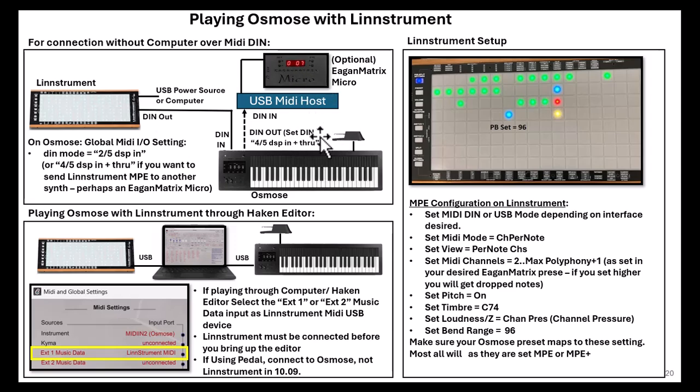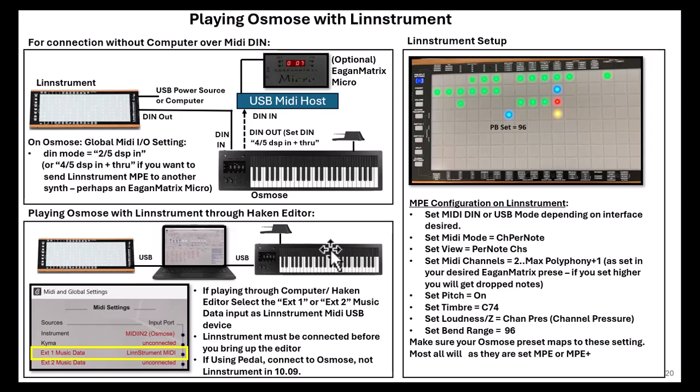So you can set up some combination splits in this way. You set the instrument up as per these settings. All this stuff is available in the Osmose cookbook, so you can bring that up and get your instrument settings. If you want, you can set the instrument as an external MIDI data instrument in the editor and play it through the editor that way.